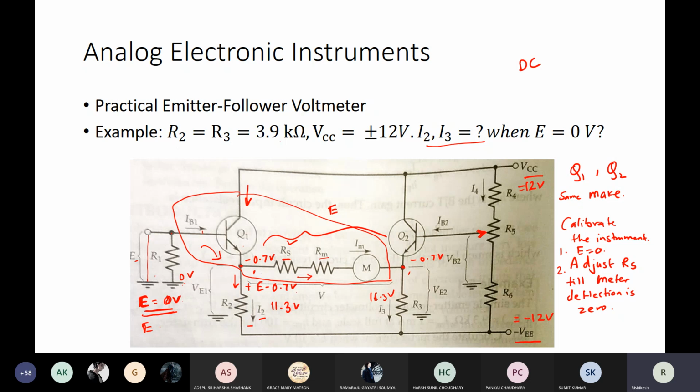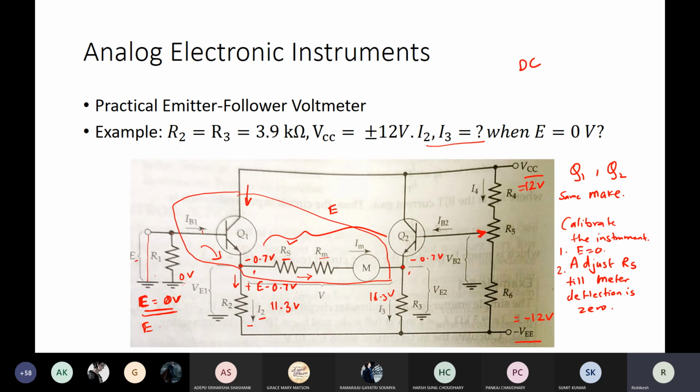The analysis is exactly the same for RS. If you look at only this branch, then it was similar to the previous one. With the involvement of these two transistors and other components, we have increased the input impedance, and probably we'll see later on that it can increase the voltage measurement capability also. Okay, I hope this example is clear.